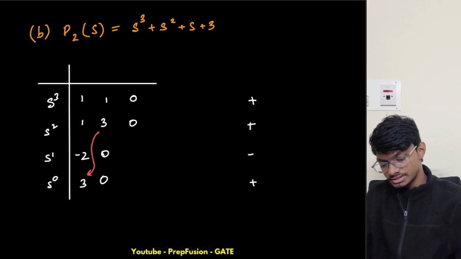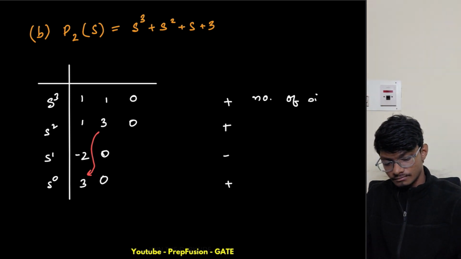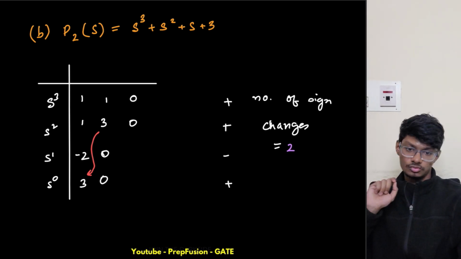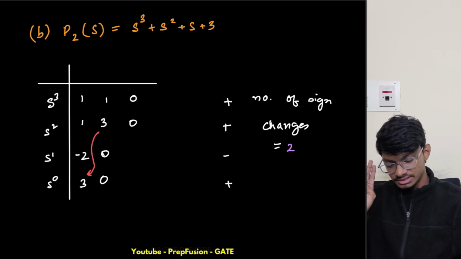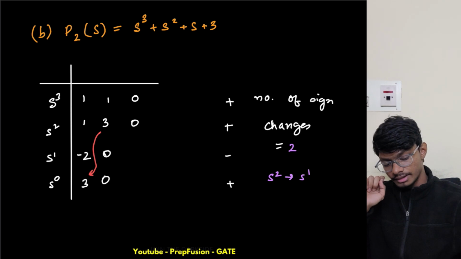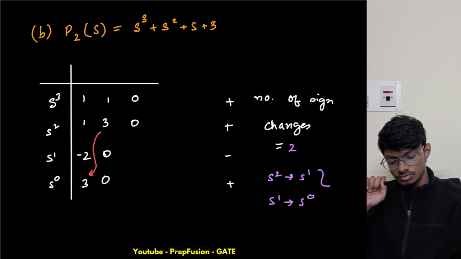So the number of sign changes equals 2. One is from s square to s to the power 1, and another one is from s to the power 1 to s to the power 0.